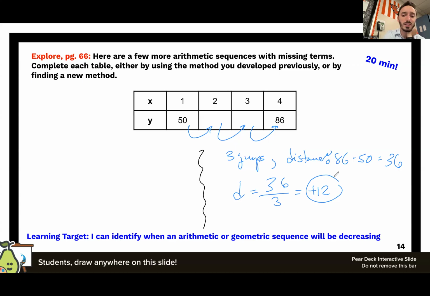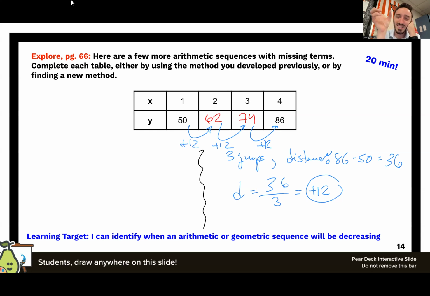Once I know that common difference, I can use it in the table to increment step by step in a recursive process. 50 plus 12 gets me 62. 62 plus 12 gets me 74. And then 74 plus 12 gets me 86. So that's one way I could work my calculation here.